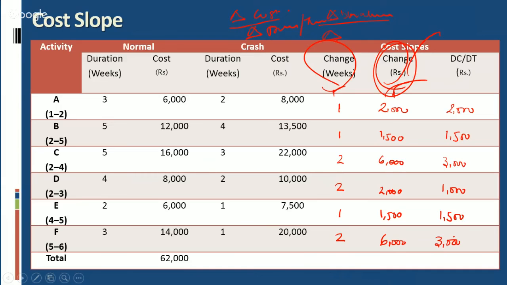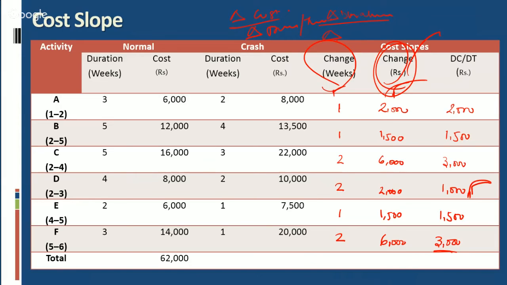Now we will identify the highest cost slope. The highest cost slope is 3000 for F. But here it is important to consider the lowest cost first, and it is important to note the activities lying on the critical path.